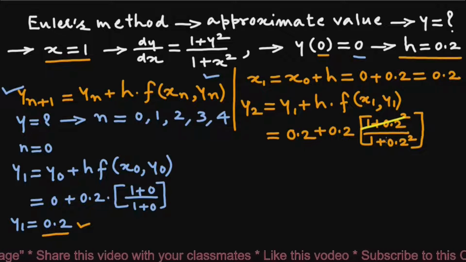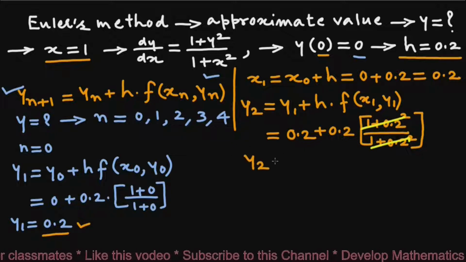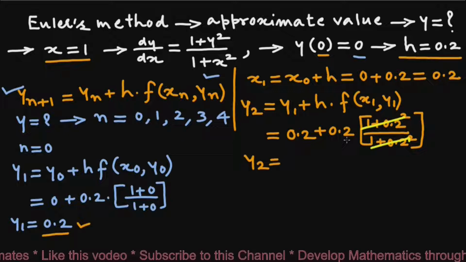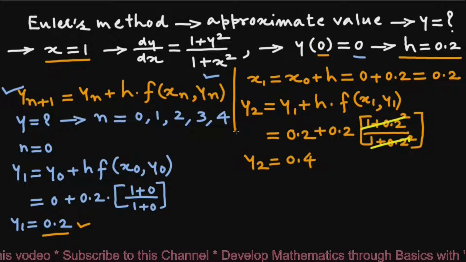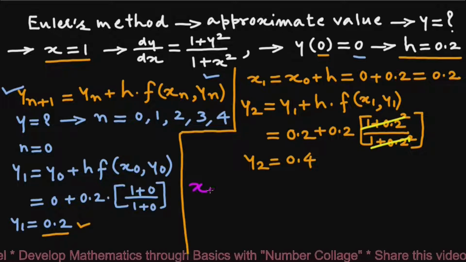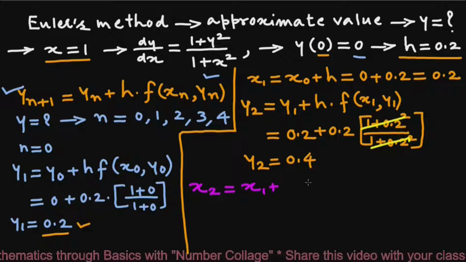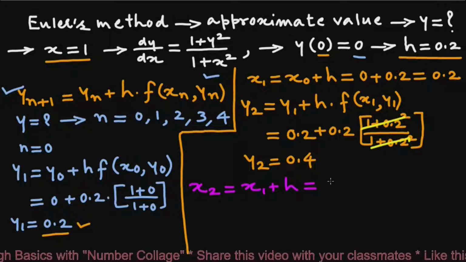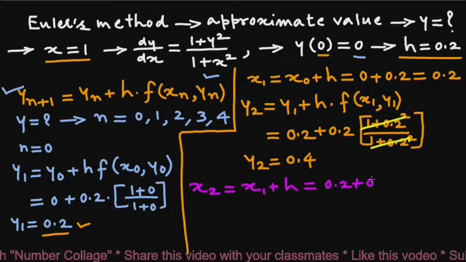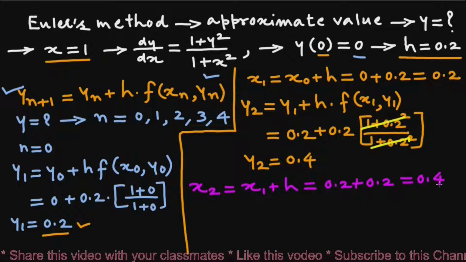This will cancel with each other and we get y2 equals 0.2 plus 0.2, that is 0.4. Next we will find x2, that will be x1 plus h, but x1 is 0.2 plus h is 0.2, so x2 will be 0.4.